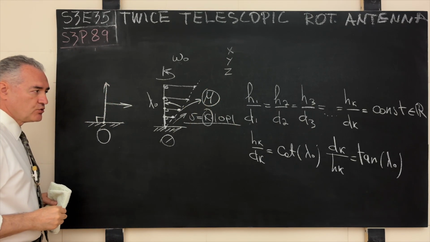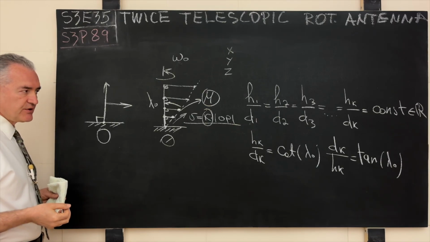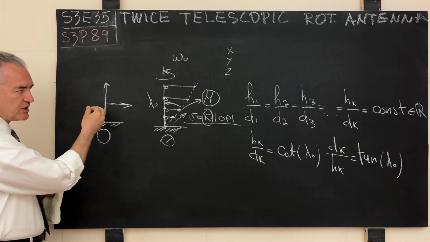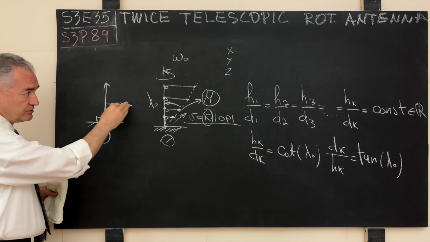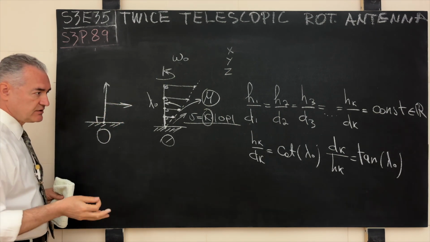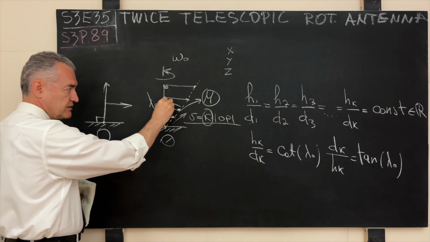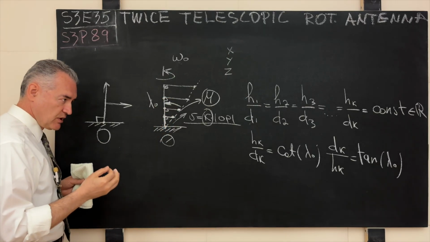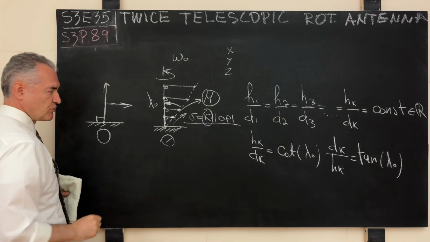And we're also told that we can throw all sorts of parameters at this problem. We can lock in the ratio of the height of the vertical antenna to the length of the horizontal antenna. It doesn't really matter. Perhaps in order to make this problem have the smallest number of parameters, we can introduce this angle right away.